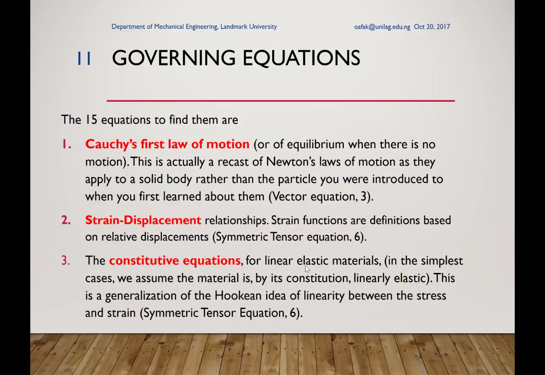So which one is proportional to which? Actually, the 9 stress components are proportional to all the 9 strain components, which would ordinarily give us 81 constants. But for the linear elastic material that is homogeneous and isotropic, it can be proved, and it has been proved, that only 2 of these constants are important in any consideration. So usually, you are going to have a constitutive equation containing only 2 constants.